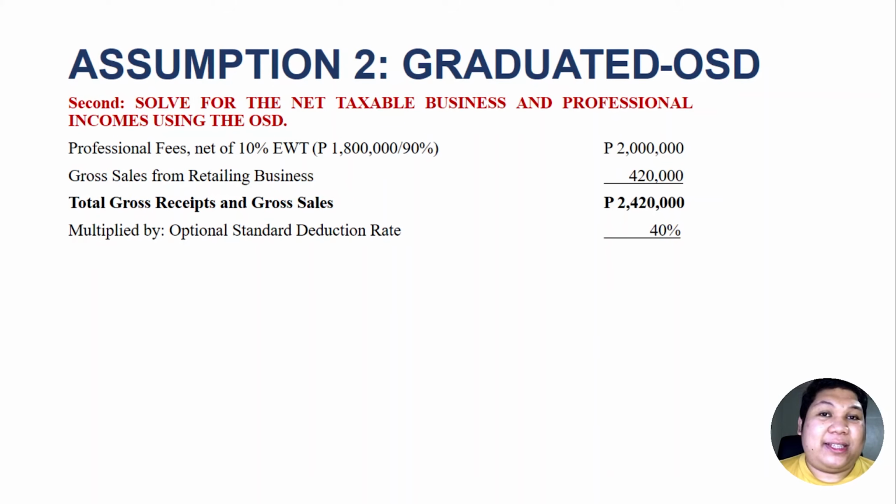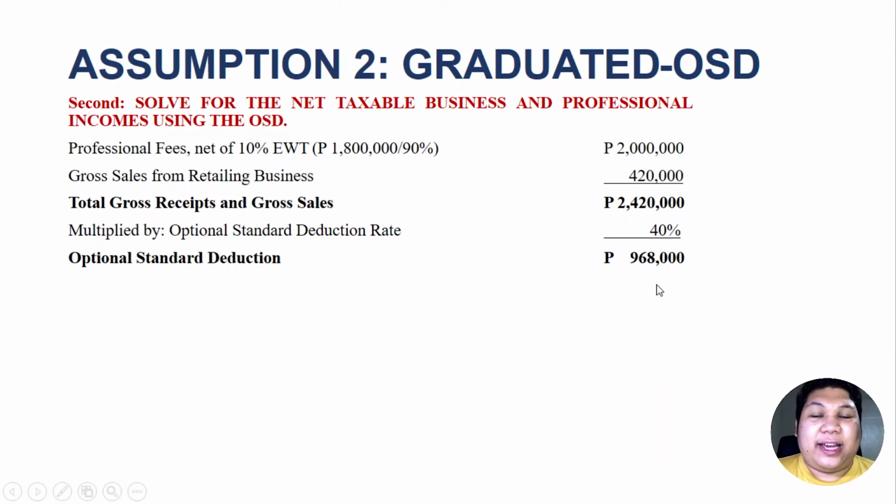This is the optional standard rate to get the optional standard deduction of 968,000 pesos. And this is now the deduction, which covers both the cost of sales or cost of service and expenses. So this 968,000 is used in lieu of the expenses and cost of sales or cost of service.